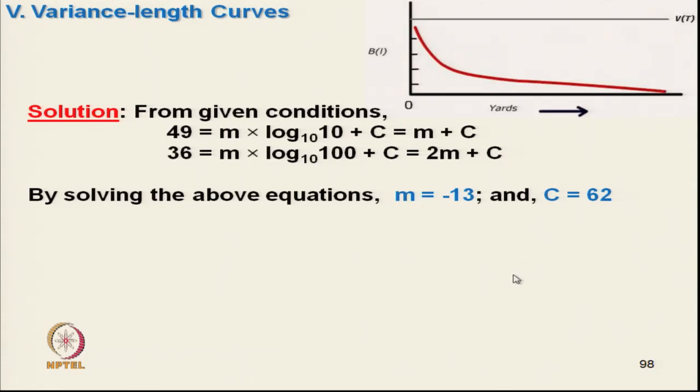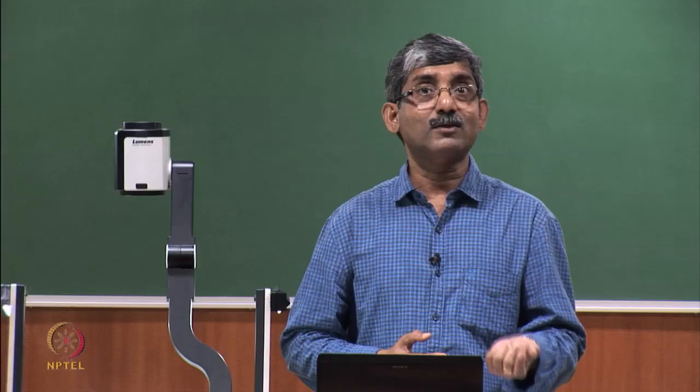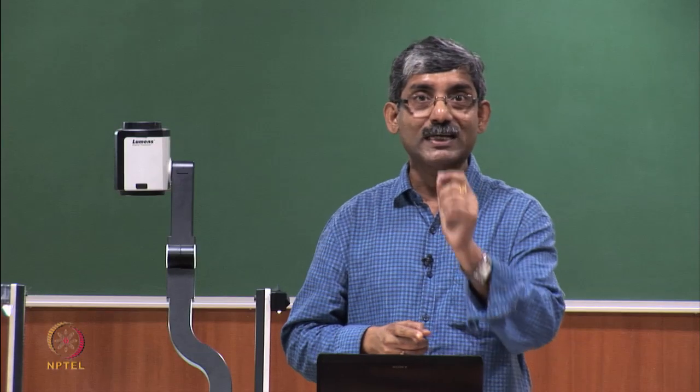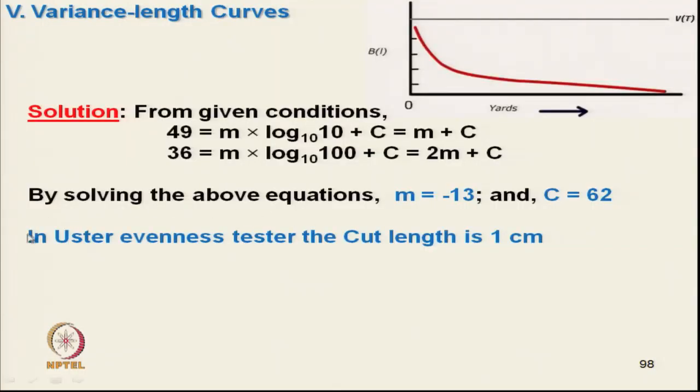Now, we have to look at the evenness tester. As we mentioned in the last class, in the evenness tester the U percentage is given where the cut length is 1 centimeter. So, can we calculate the variance for 1 centimeter cut length? Yes, we know the equation. For the Uster evenness tester, the cut length is 1 centimeter.